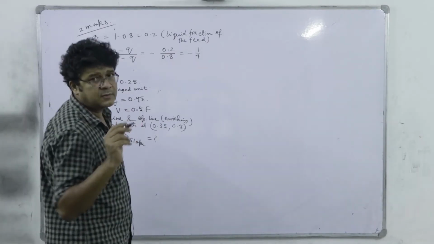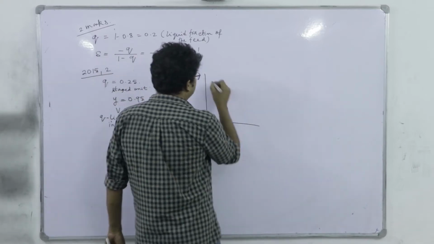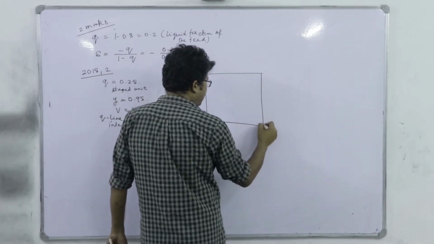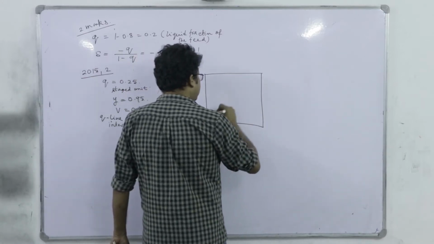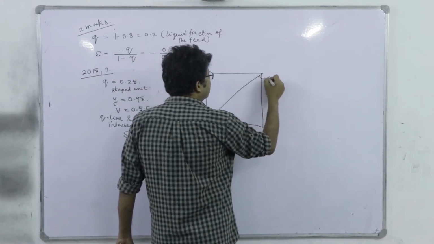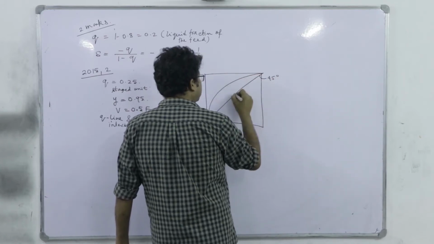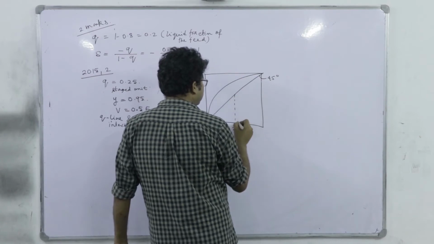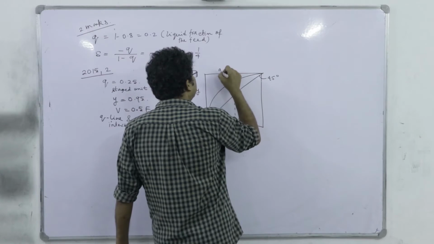So, in this type of problem, it is always suggested that you draw the diagram of Y and X. So, this is the 45-degree line, this is the equilibrium line, here we have the feed point ZF, and this is the q line.